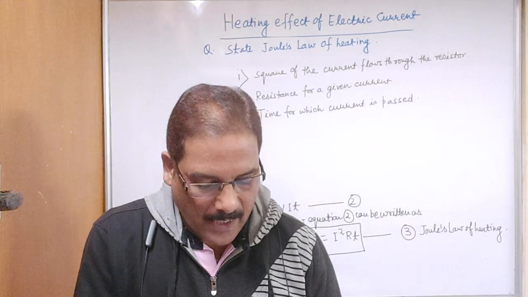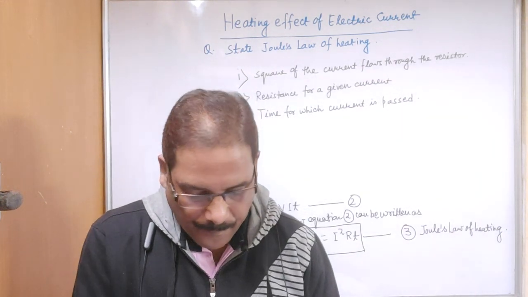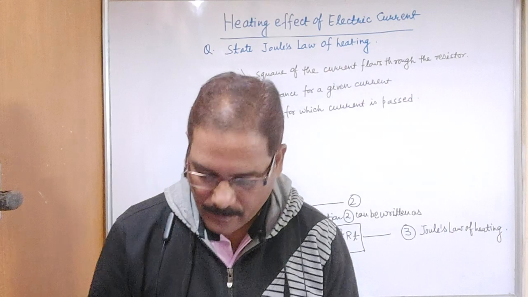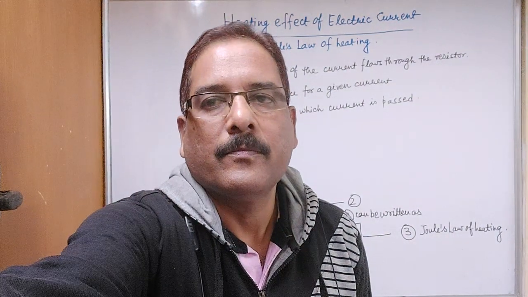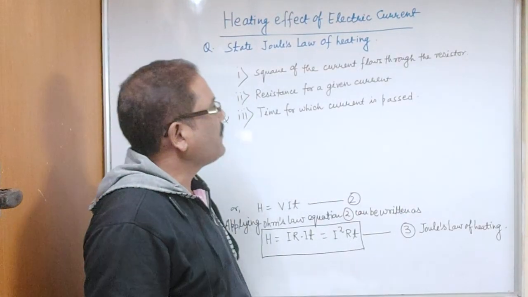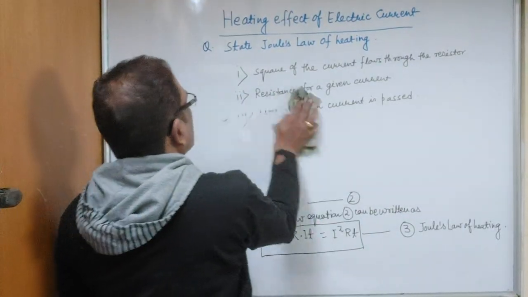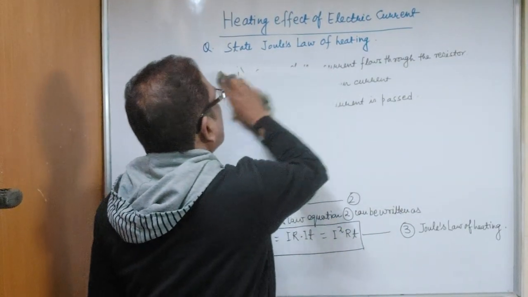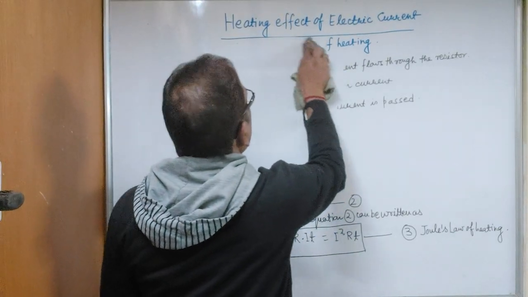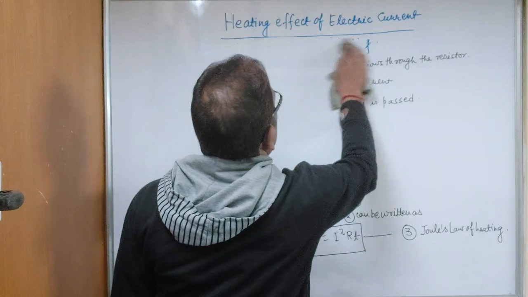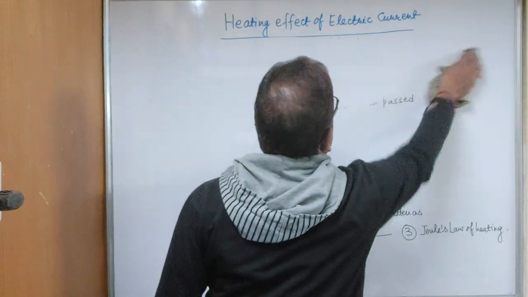So these questions are very, very important. Very few students have solved the questions which I have given as homework. I think 3-4 students only. Others are not so serious.